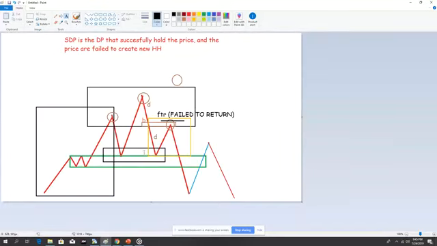So this is the SGB area, and this is the SDP area, and the process here is called the FTR. Remember that. And then when the price retraces going up, we are going to look for a decision point inside this area, the SGB area. So inside here, you're going to look for another decision point.